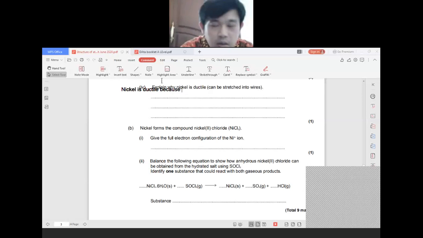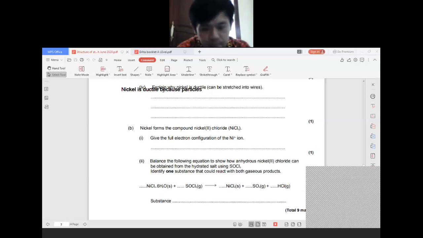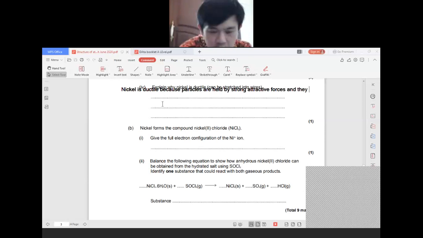Nickel is ductile because the particles are held by strong attractive forces, and they slide over each other.